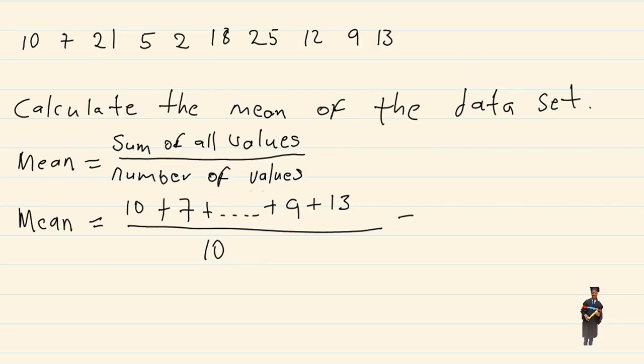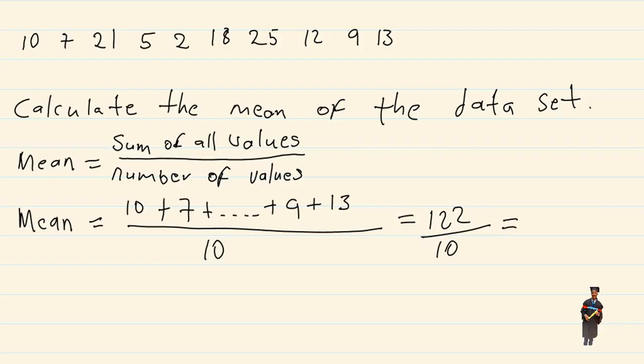Okay, and then you go ahead and calculate the sum of the data. When you punch your calculator, you must get 122. And then we must divide this 122 by the number of values, which is 10.